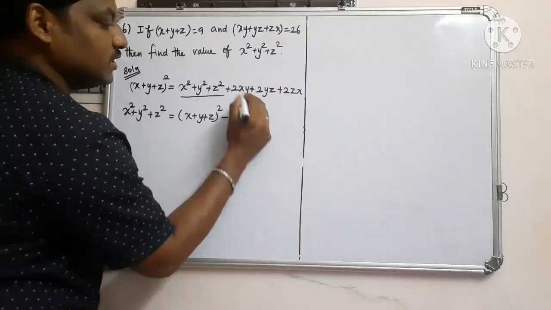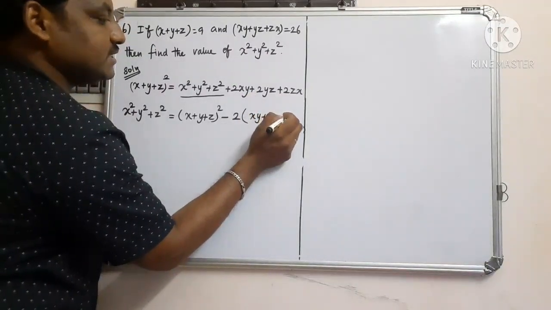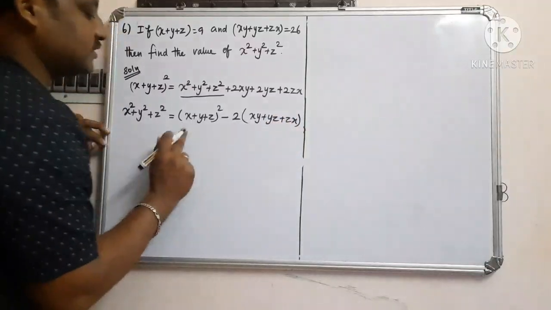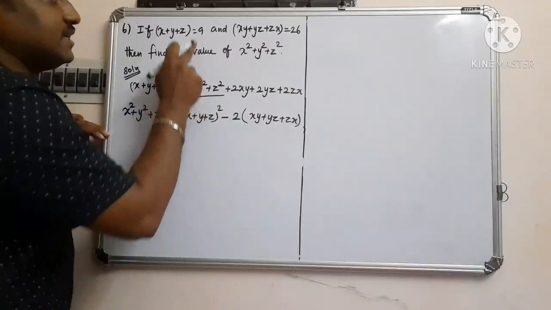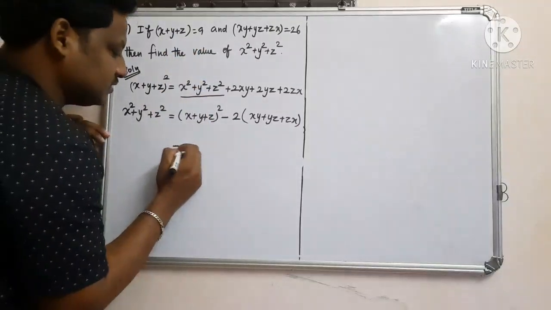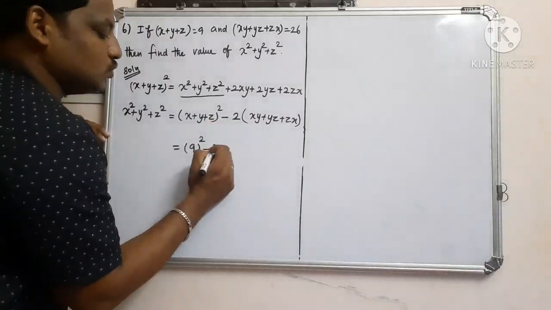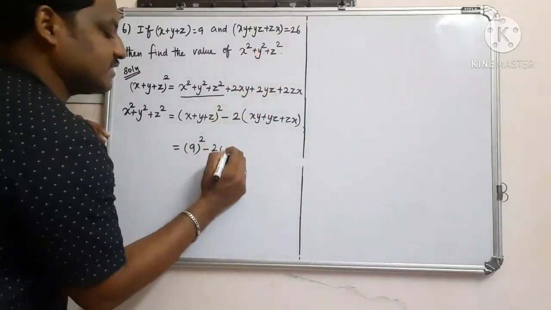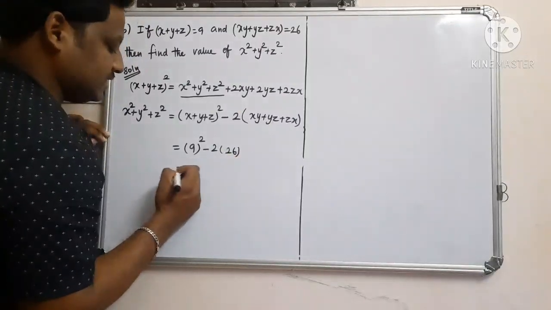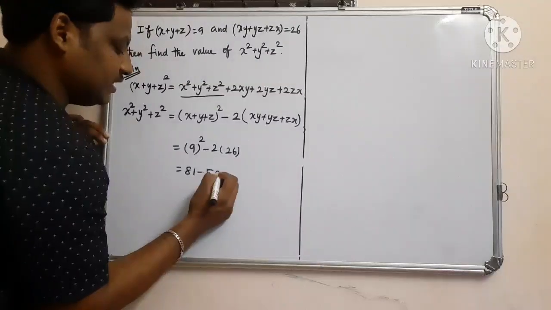So minus 2 into (xy + yz + zx). Now substitute the given values. Instead of x + y + z, they have given 9. So 9 square minus 2 into, instead of xy + yz + zx, the value is given as 26. So 9 square is 81 minus 2 26s are 52.